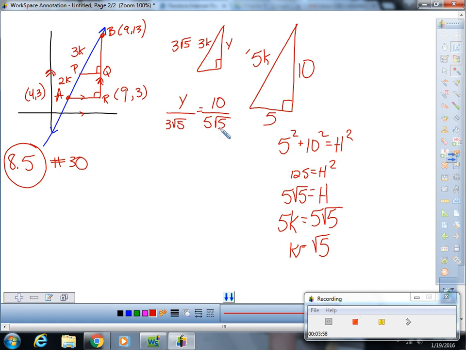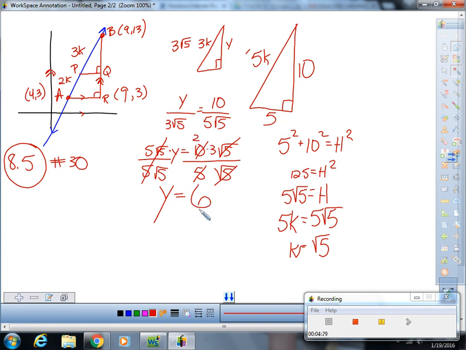So 5 radical 5 times Y is equal to 10 times 3 radical 5. Okay? So we're going to divide each side by 5 radical 5. And you get Y is equal to, well look, these are gone. This becomes a 2, so Y equals 6.